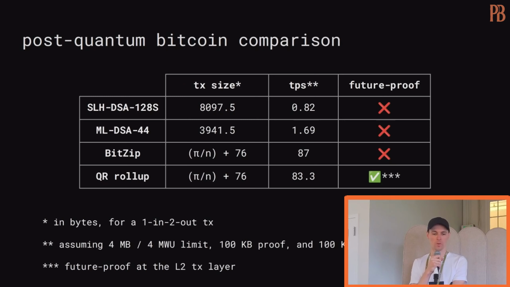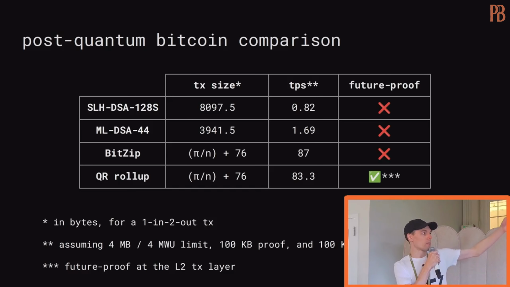So this is how a quantum-resistant rollup would compare to some of the other post-quantum ways of using Bitcoin. We have a couple of these post-quantum signature algorithms which have been proposed for implementation directly in layer one. These are the ones that BIP 360 talks about, SLH-DSA and ML-DSA.